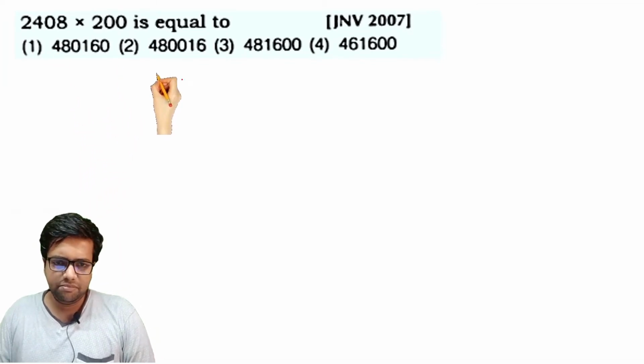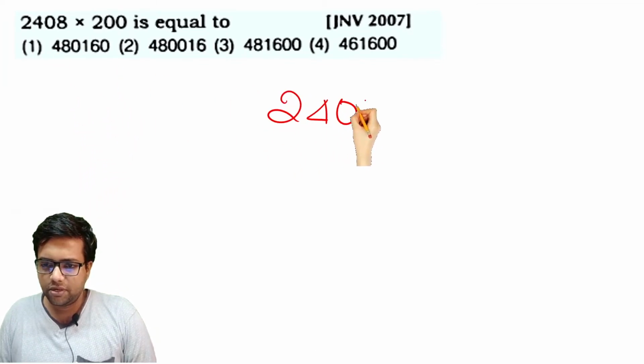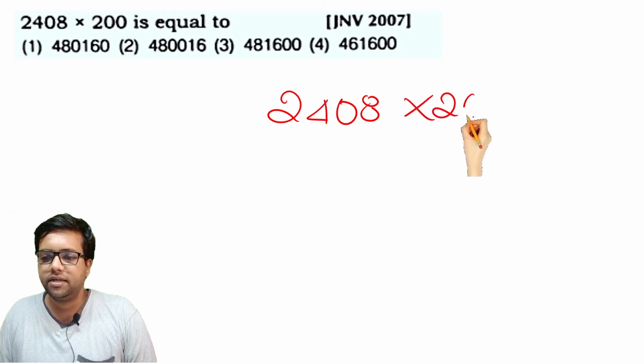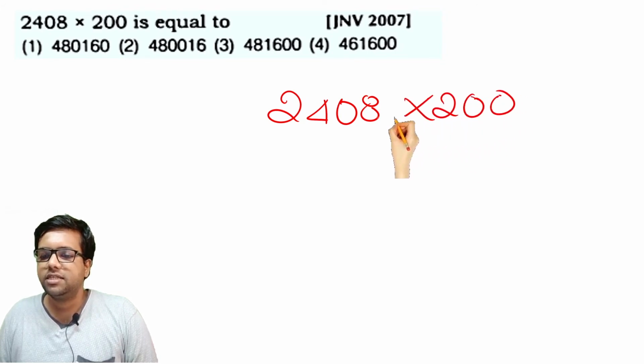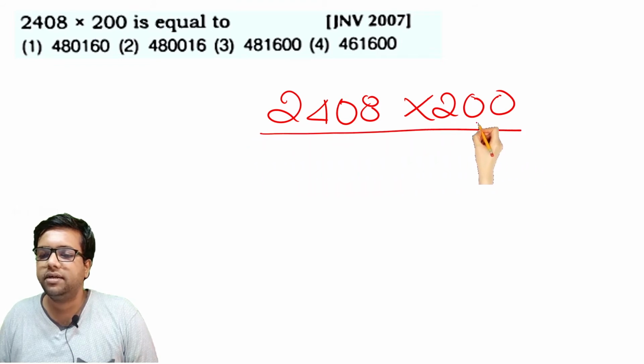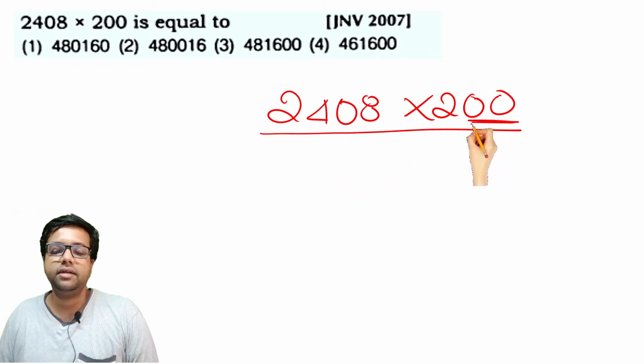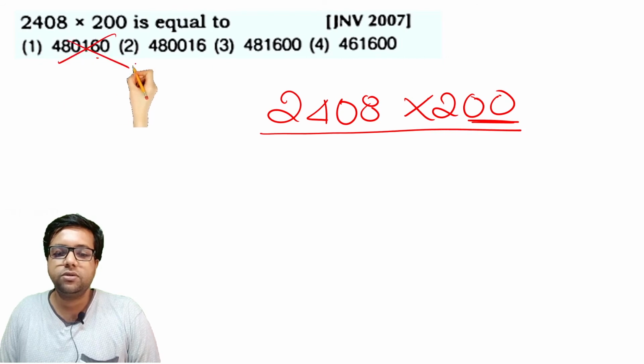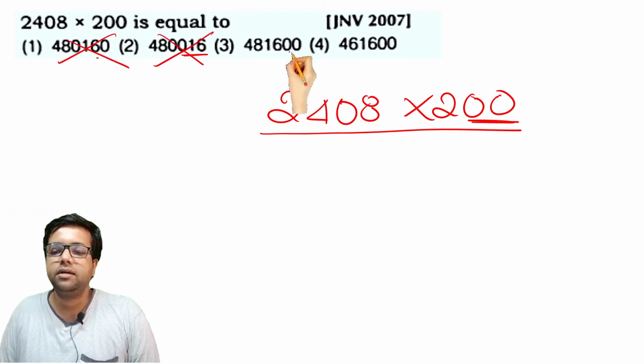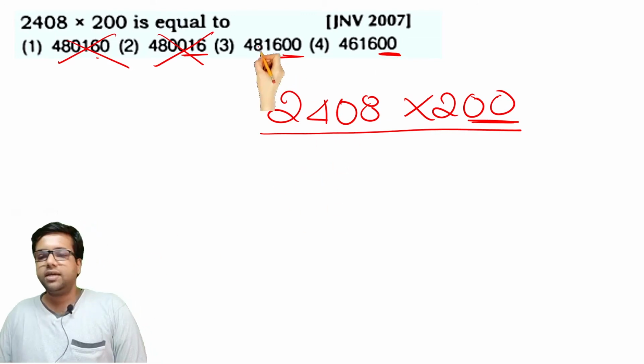Okay, this is simple multiplication. 2408 into 200. At first glance, the whole answer would contain 2 zeros at the end. Does this option have 2 zeros? No, eliminate. No, eliminate. Yes, this option has 2 zeros, so we can consider these 2 options.